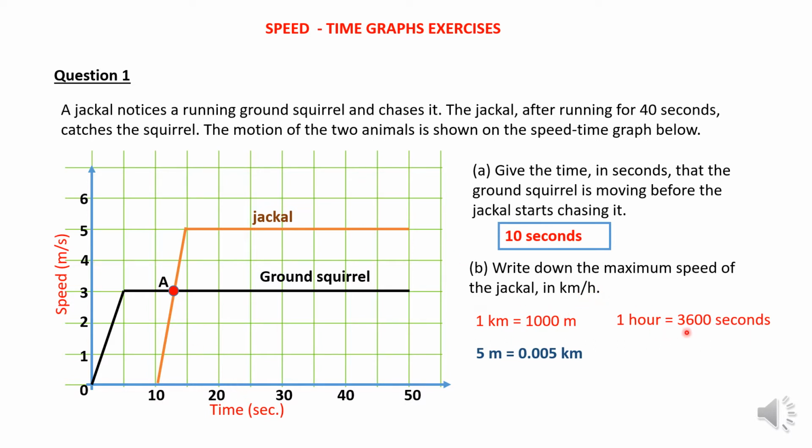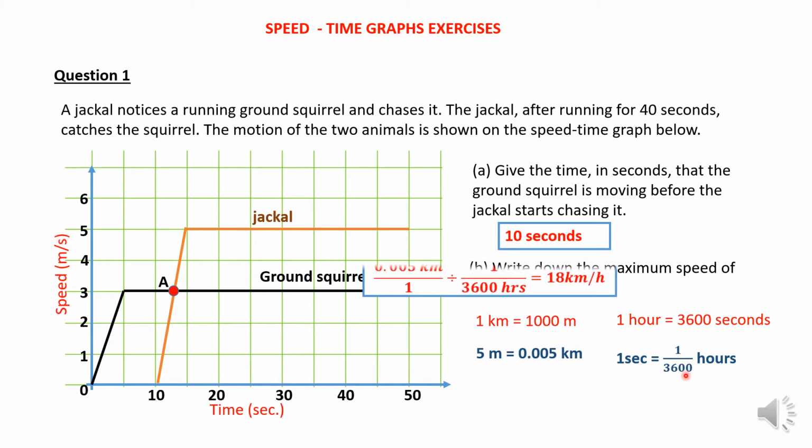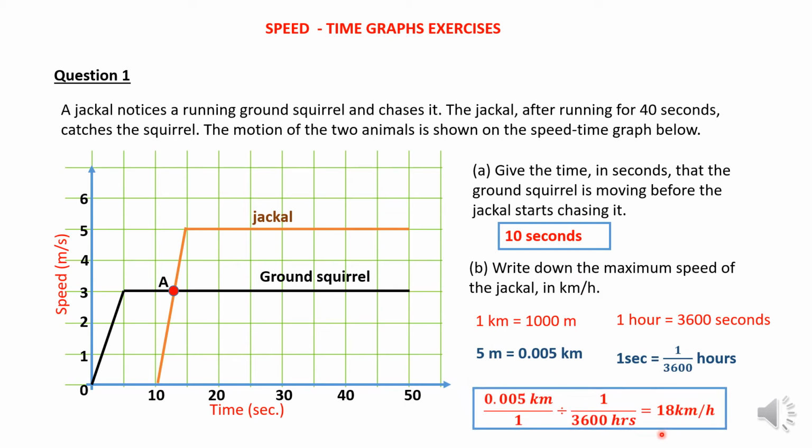So 1 hour is equal to 3,600 seconds. In order to represent 1 second, you put 1 over 3,600. So from here on, you can just take that distance divided by that time, and then you have your answer as 18 kilometers per hour.